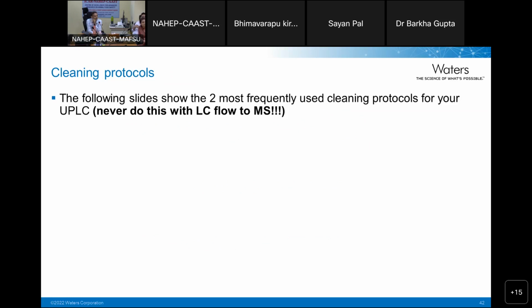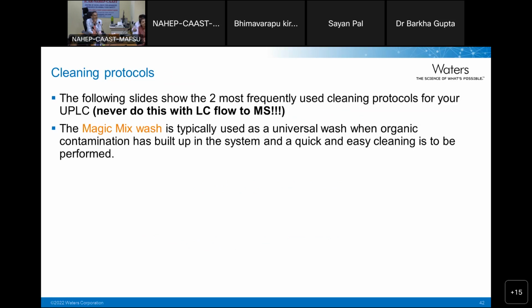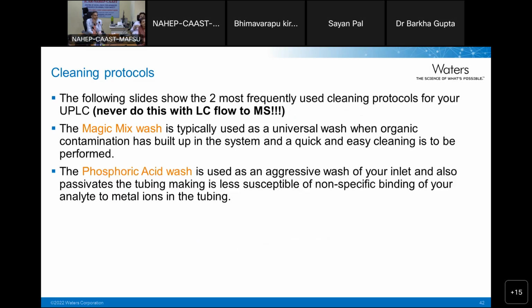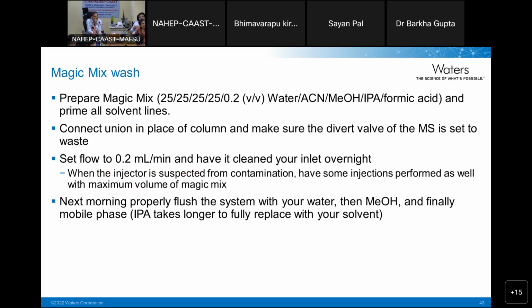So whatever is coming out from the LC should not go to your MS. There is a magic solution or magic mix wash one way, and the other way is the phosphoric acid cleaning. I'll tell it in the next slide.